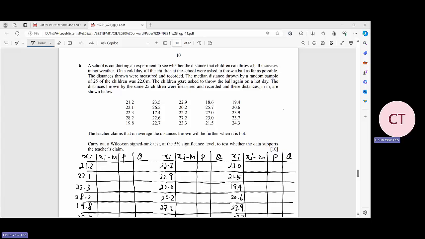On a cold day, all the children at school were asked to throw a ball as far as possible. The distances thrown were measured and recorded. The median distance thrown by a random sample of 25 children was 22.0. So this is the median.